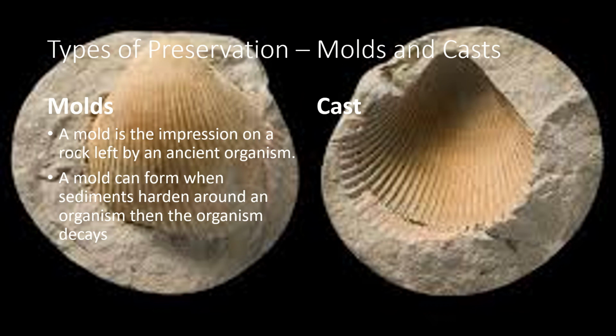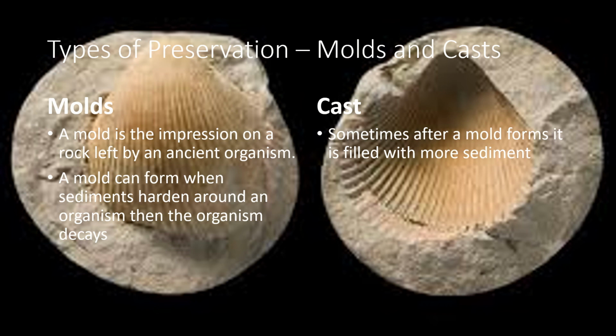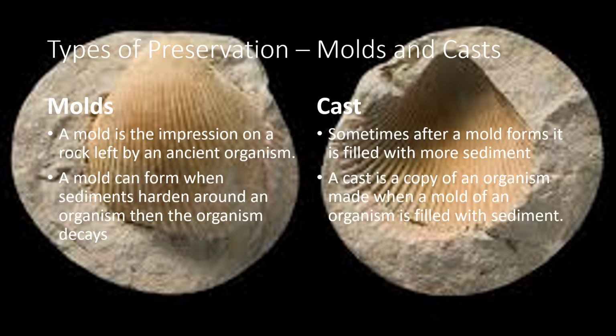A mold can form when sediment hardens around an organism, then the organism decays after, leaving its shape behind. A cast, on the other hand, is when that mold gets filled. So here's the cast on this side. The cast is when that mold gets filled with sediment, and then you can pull that cast out from the mold, and then you have a 3D shape of the organism that had died here.